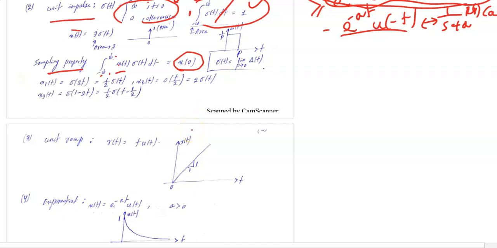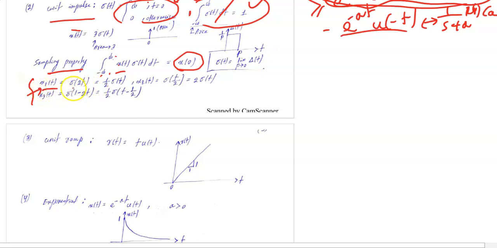You will study more and more in depth in signals and systems. So we are just brushing up so that you should not feel alienated when you go to signals and systems. If you have already studied, it's well and good. These are enough for analyzing network problems.